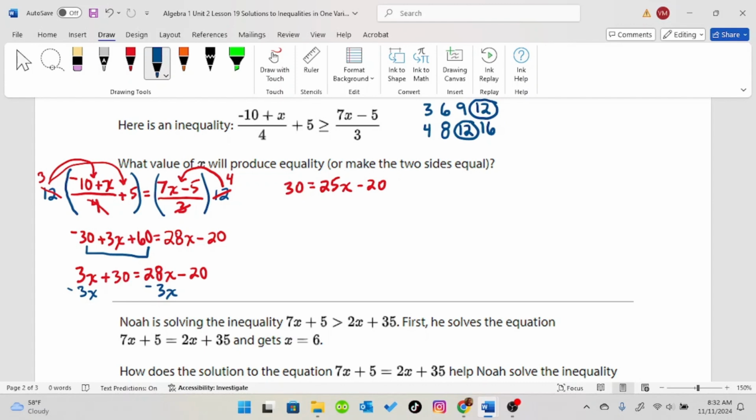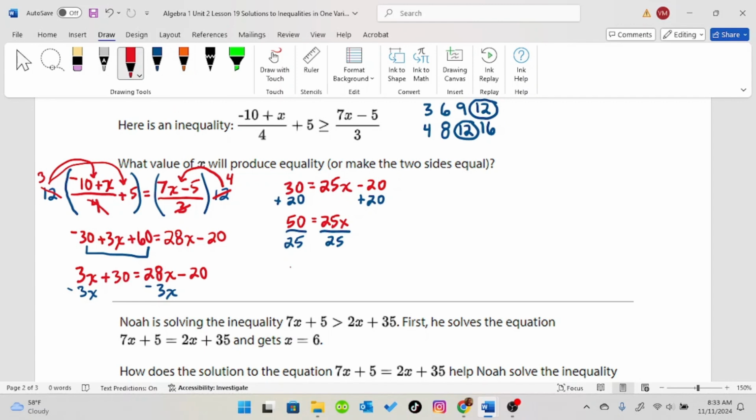The opposite of subtracting 20 is adding 20, so I'm going to add it to both sides to keep it equal. And the opposite of multiplying by 25 is dividing by 25. So I'm going to do it to both sides to keep it equal.